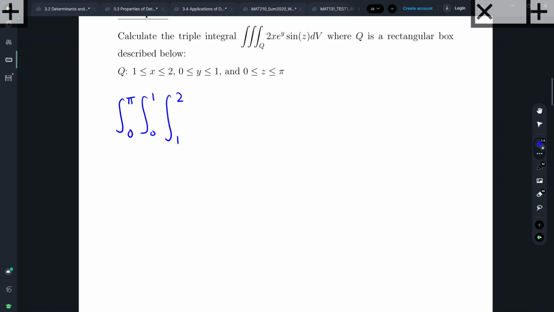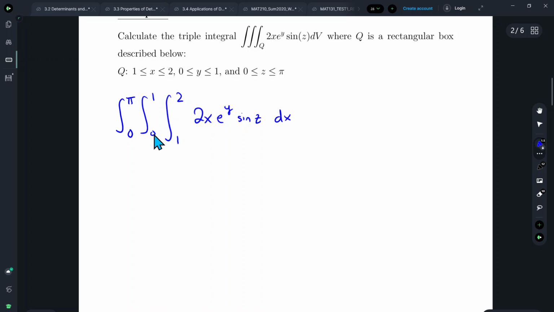Okay, so the function we want to integrate is 2x e to the y sine z. Again, make sure the variables line up, right? So this was with respect to x, this was with respect to y, and then the outermost was with respect to z.